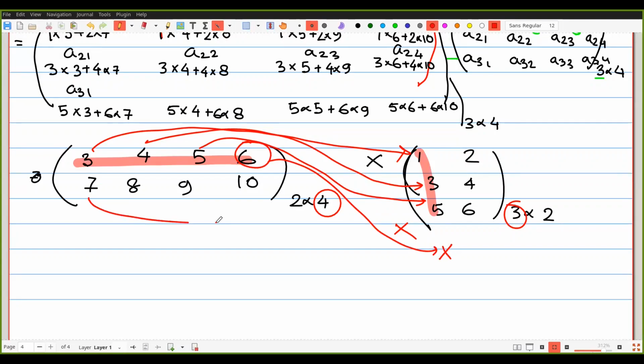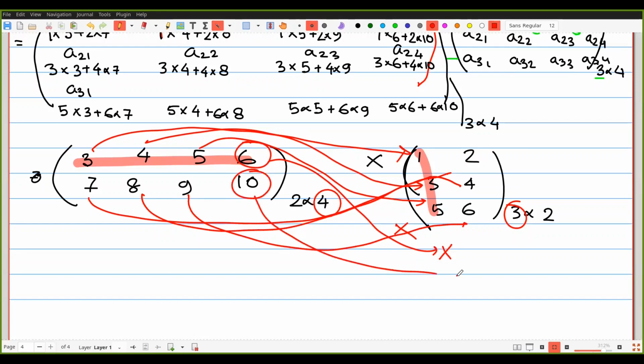Same as 7 with 2, 8 with 4, 9 with 6, but what to multiply with 10? There is no possibility. So that's why at that moment, A cross B is possible, but B cross A is not possible. That is not possible. So that is also giving us another property.